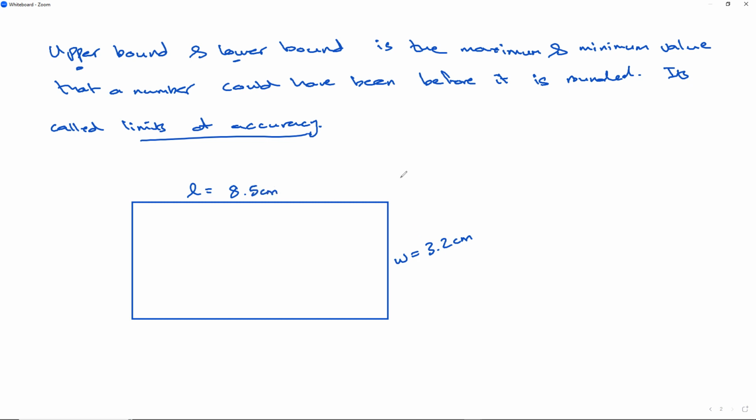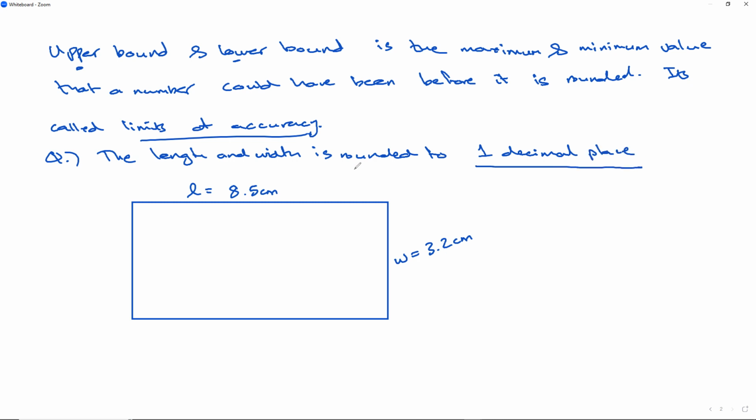And they tell me that the length and width in this rectangle is rounded to one decimal place. And this is an important part of the question because one decimal place means that, because of the ability for a number to round to one decimal place, we have possibilities involved.